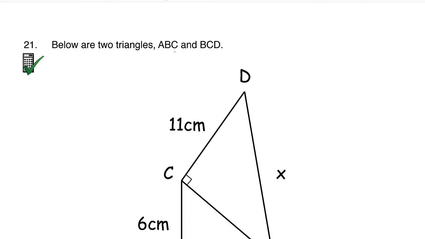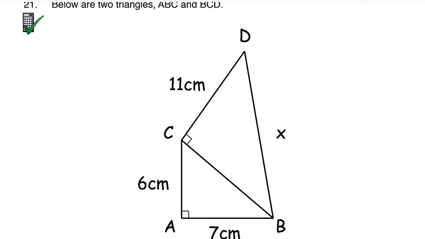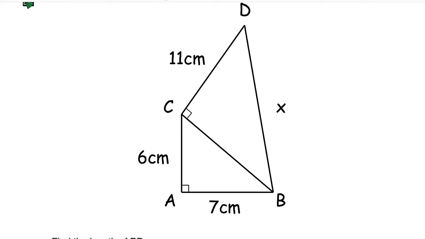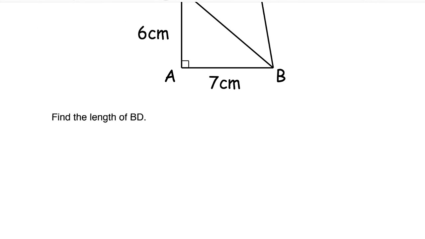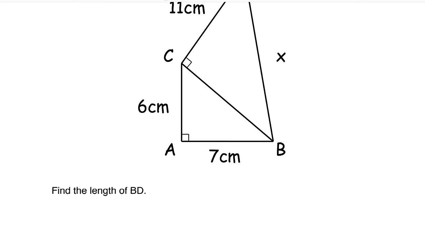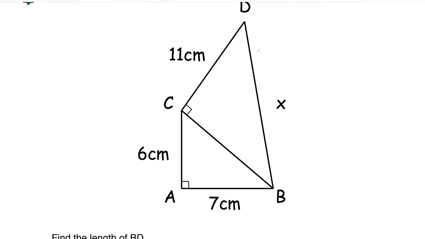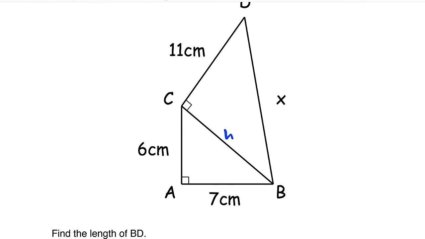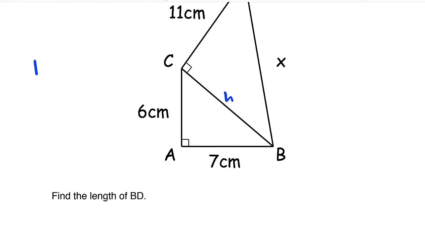Below are 2 triangles ABC and BCD. Okay, they are linked together. What are we looking for? We are looking for the side length BD. Mark X. All right. First of all, pay attention to this triangle, which is a right angle triangle. We can call the hypotenuse H. So to find H, we can say that H squared is equal to 6 squared plus 7 squared.